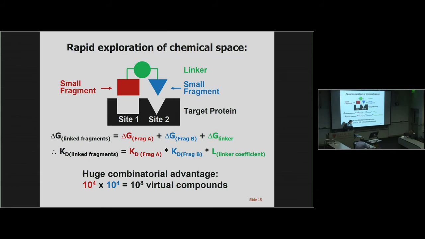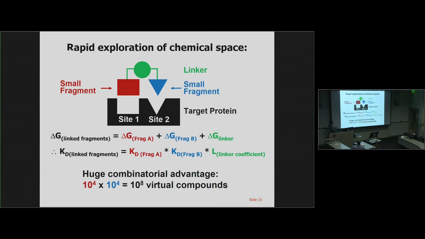Now, another really nice feature of fragments is that even though fragments themselves might be quite weak in affinity, if you can link them together, the binding energies are additive, which means that the binding affinities are multiplicative. And so you can, in theory, take a couple millimolar binders, link them together, and get to a micromolar binder. And by doing so, you can then cover diversity space.